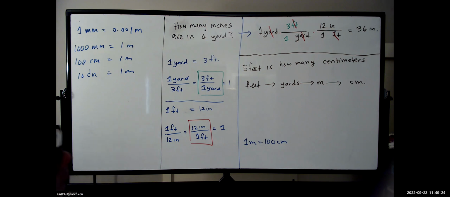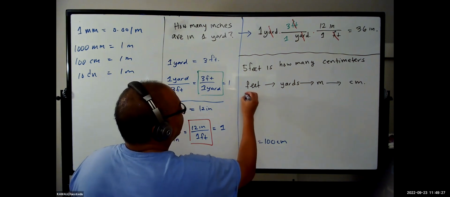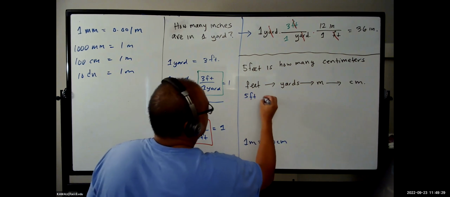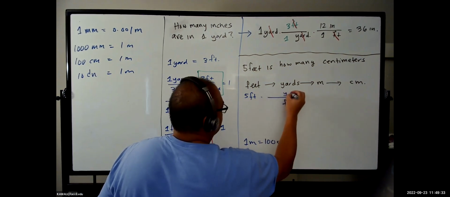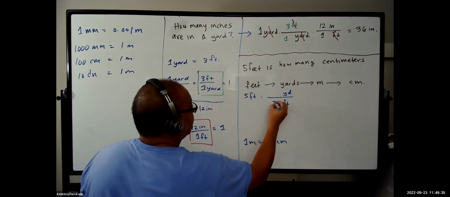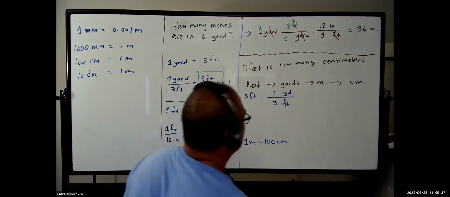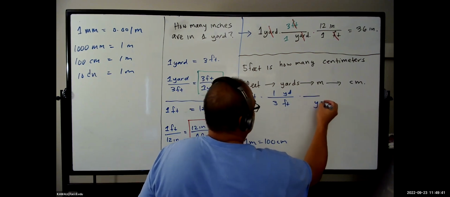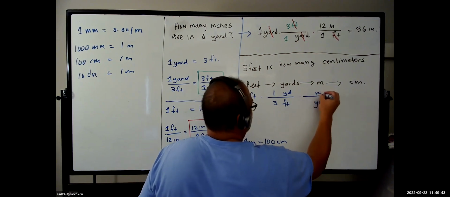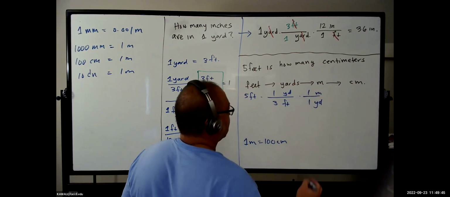Okay. So let's try this. So we have 5 feet times, so I need feet here and yards here. So 3 feet is 1 yard times, okay, and we said, so we need yards here, meters here. So 1 meter is 1 yard.